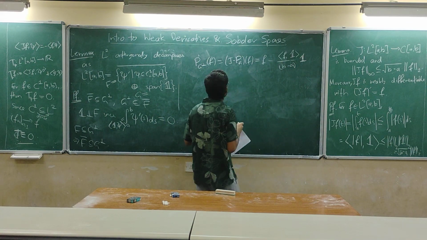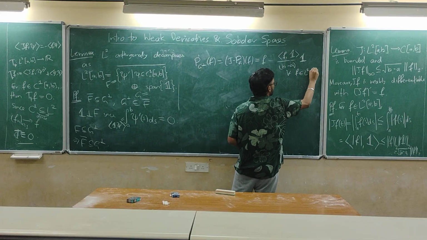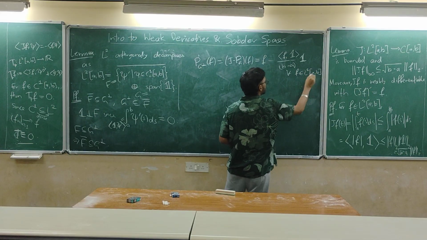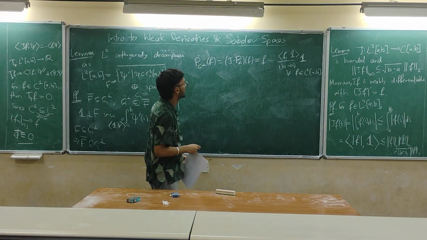So this is the orthogonal projection of a function f from L squared, the orthogonal projection of f onto the orthogonal complement of g.